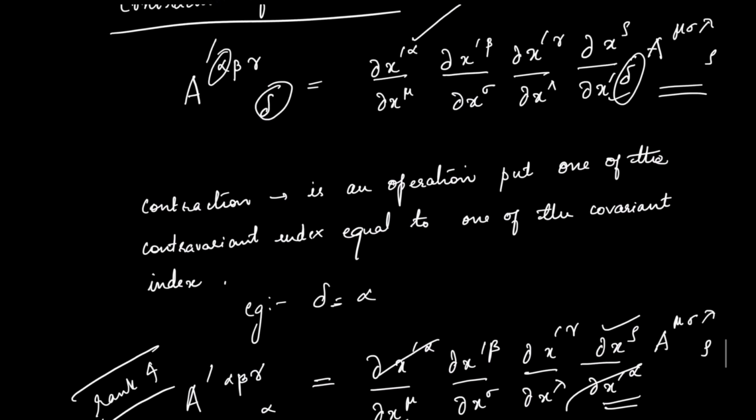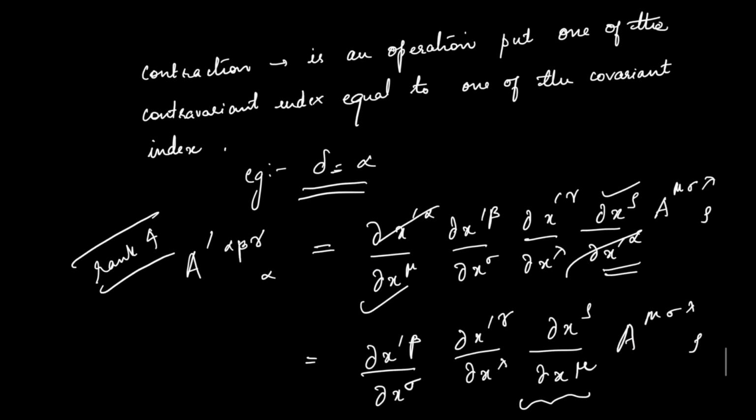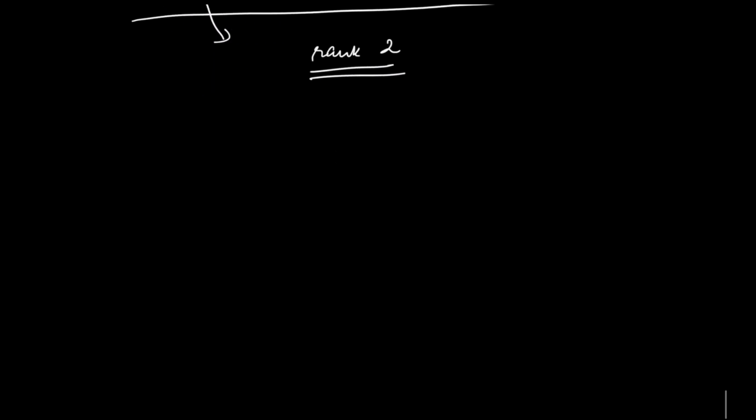And I have done the contraction delta equal to alpha, and finally I have got a tensor of rank 2. Okay, so the process of getting a tensor of lower order, that is reduced by 2, by putting a contravariant index equal to a covariant index and then performing the summation indicated is known as contraction.